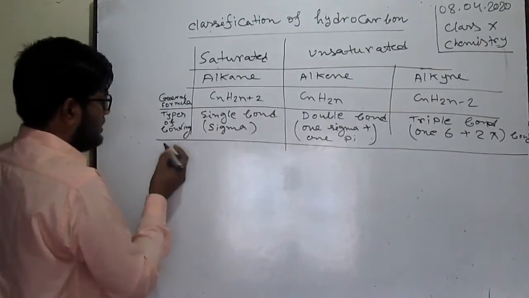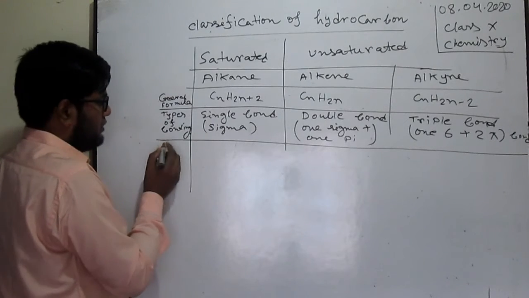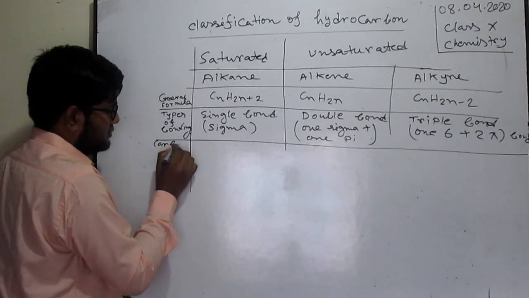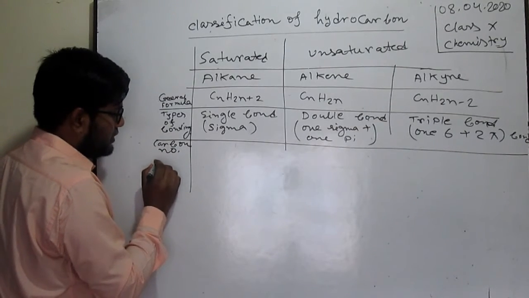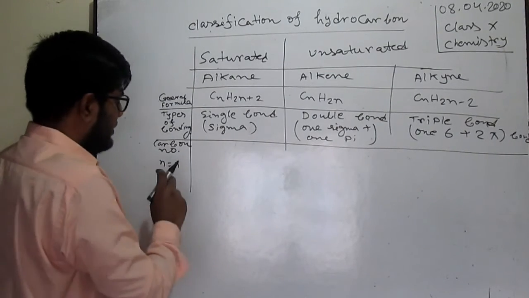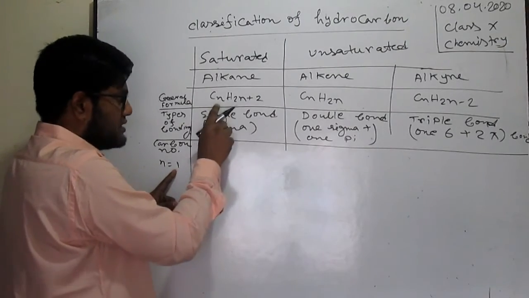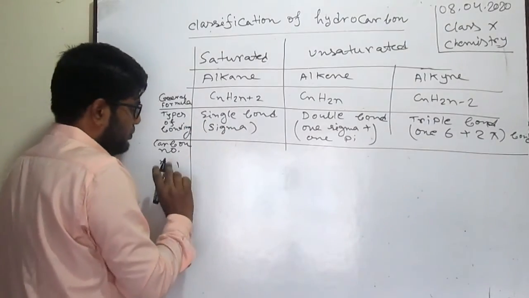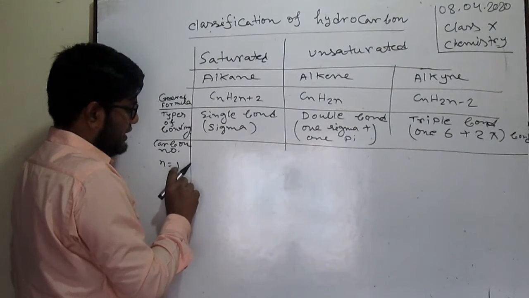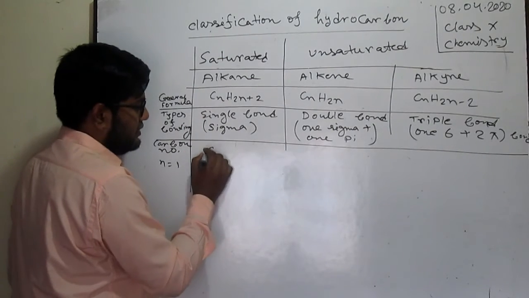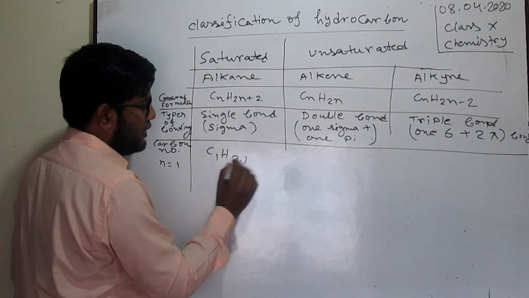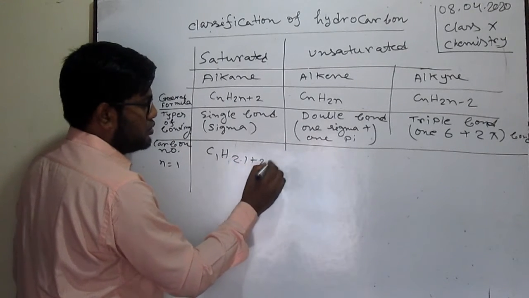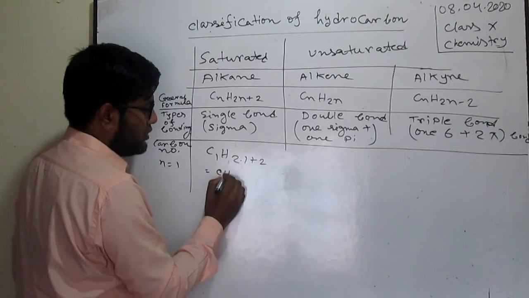At first, carbon number. If the carbon number is 1, that means the value of n is 1. If you put n equal to 1 here, then C1 is 2 into 1 plus 2, that means CH4.